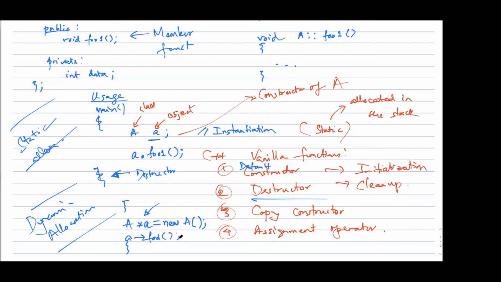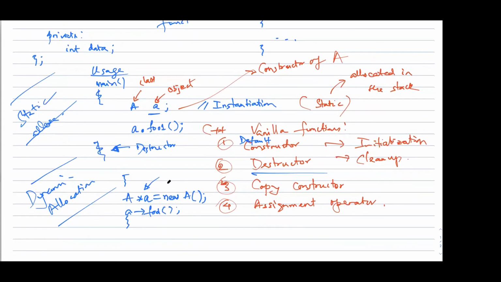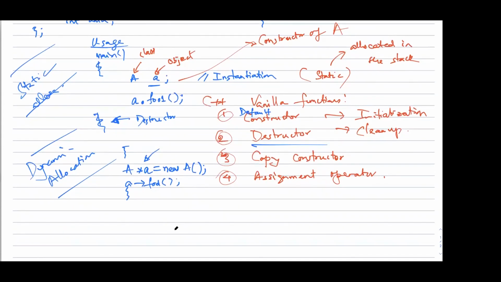So I'm going to invoke the member function like this. Now who can tell me where the destructor is getting called here? When the allocation is freed. Do you think the destructor is ever going to be called in this code that I wrote here? No, you have to call delete, I think. Exactly. So that is the key difference between static and dynamic allocation.